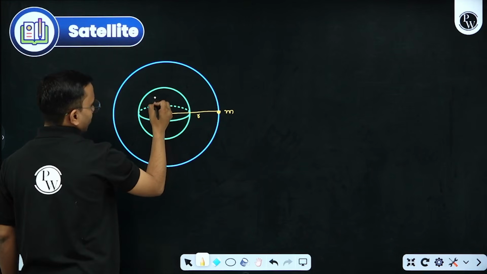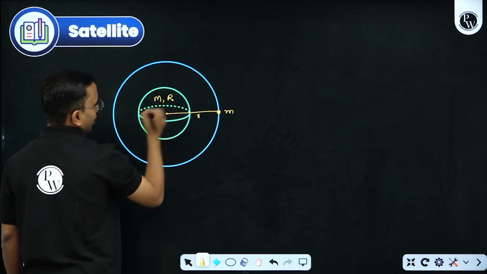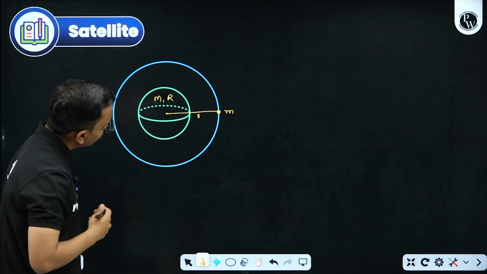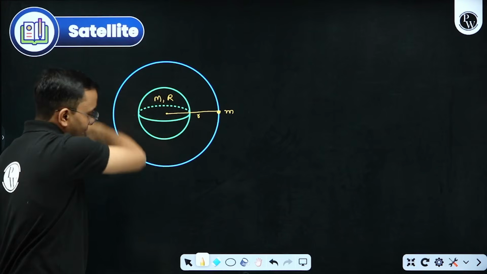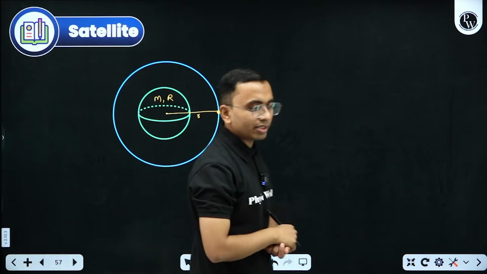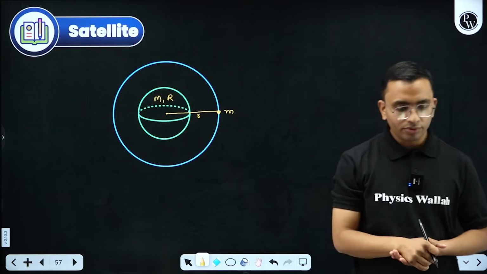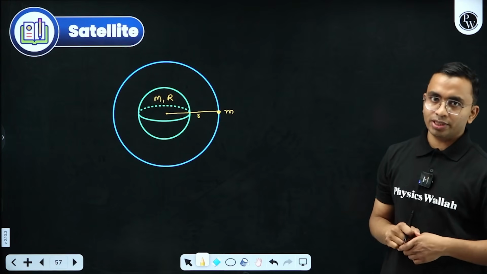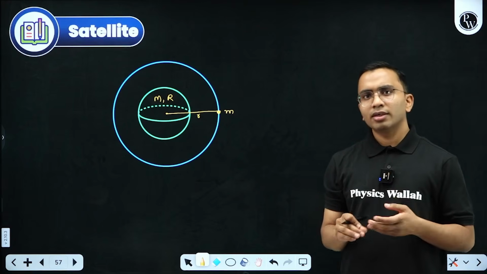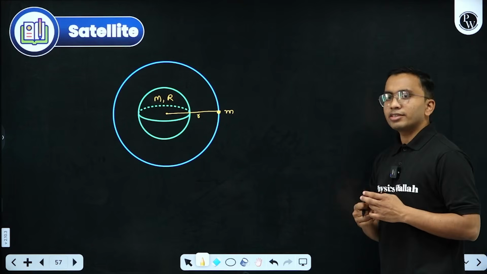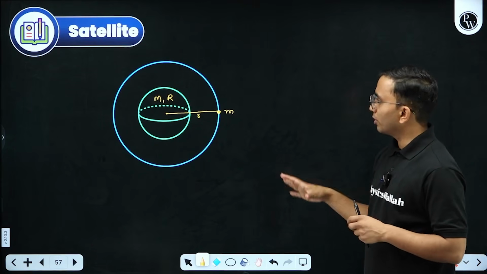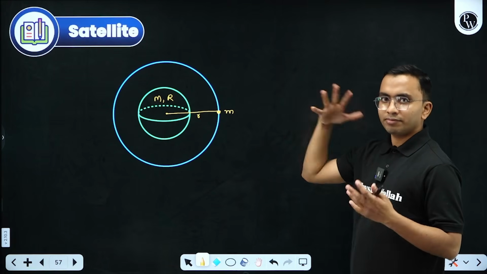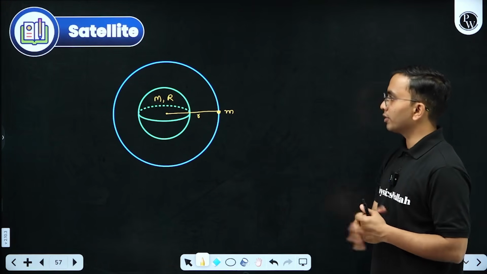Mass of the Earth is M. The radius of Earth is R. And this satellite is moving in a circle like this. So only Earth's gravitational force is acting. Now you may say, sir, so many objects are there in space, the sun is also there. But generally when we consider, one thing is they are very far, Earth is near, so we consider that gravitational force only.